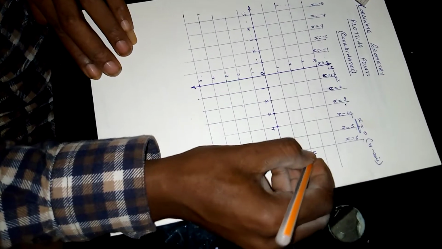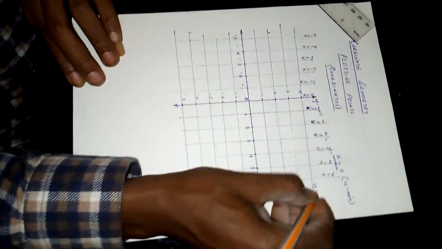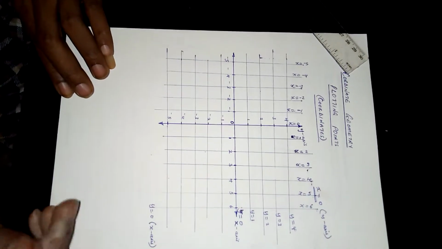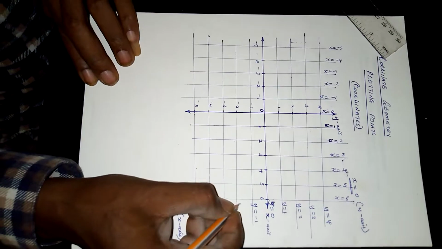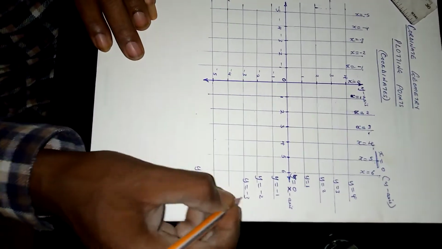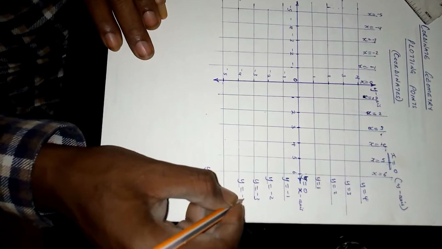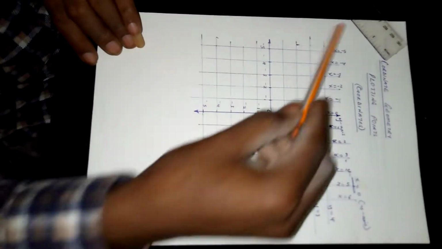This one will cross the y-axis at 2, at 3, at 4. These are their equations. This one will cross the y-axis at -1, -2, -3, -4, and the y-axis will be crossed at -5. So your y goes like this, while your x goes like this.